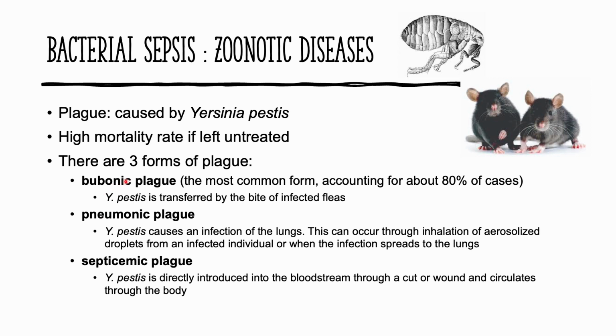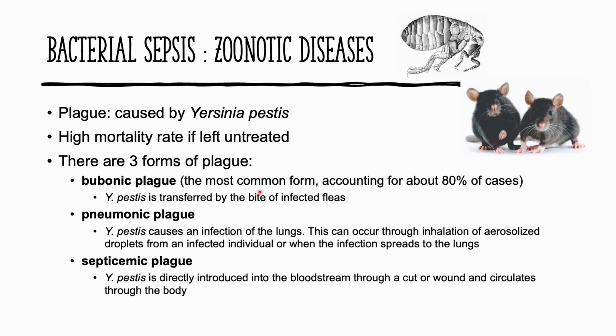Bubonic plague is the most common form of the plague, with over 80% of cases considered bubonic plague, and that's the result of this bacteria Yersinia pestis being transmitted by the bite of an infected flea. So the flea is responsible for transmitting this bacteria to humans. It can also be transmitted through intermediate vectors like mice and rats that are infected with these fleas.